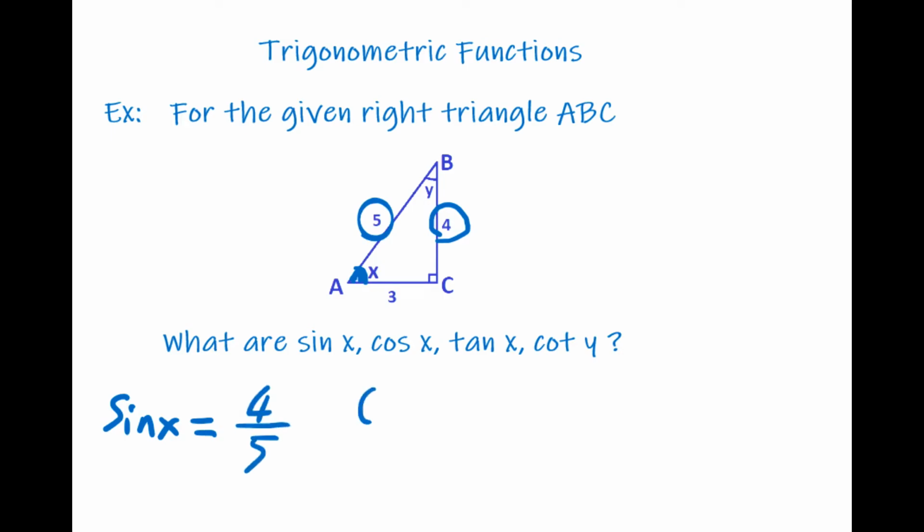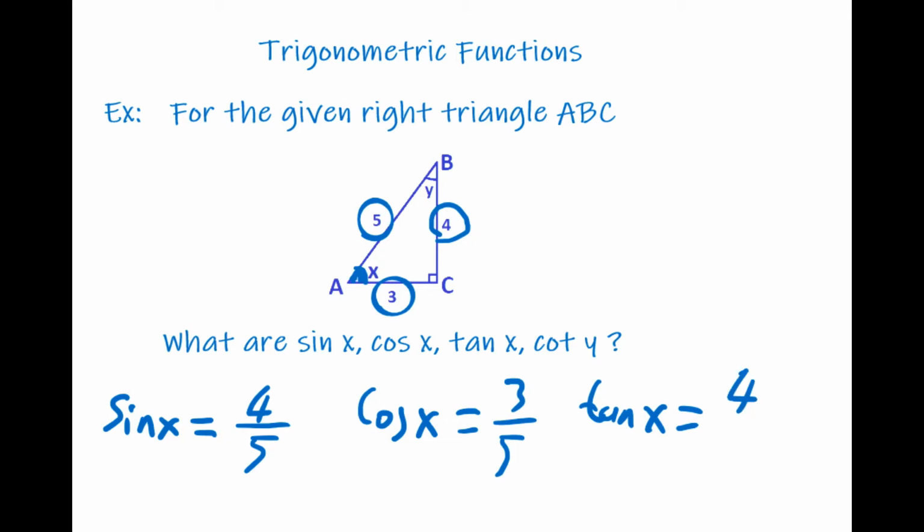For cosine of x, again we look at the situation from angle x. According to angle x, adjacent is 3 and hypotenuse is 5, so we're going to have 3 over 5. For tangent x, again from angle x, the opposite side is 4 and the adjacent side is 3, so this is equal to 4 divided by 3.